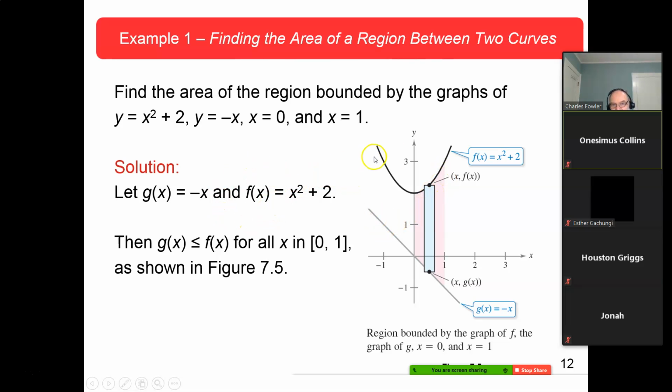The f is always on top, the g is always on bottom, so it's f minus g. g is always less than or equal to f on all the x's in between 0 and 1. In fact, I would contend it's always going to be that way because this is only going up linearly and this is going up in a quadratic sense, so that's always going to beat the other one. So this would be good for any interval you chose to write on, okay? Not just 0 to 1. But we chose 0 to 1, or the book did.